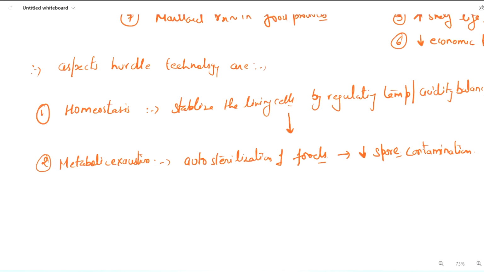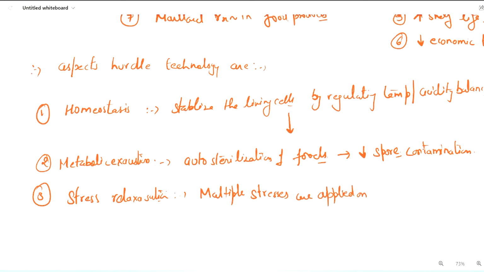This is the second aspect of hurdle technology. The third aspect of hurdle technology is stress relaxation. In this hurdle, multiple stresses are applied on food products, and in those foods the pathogens can be present.